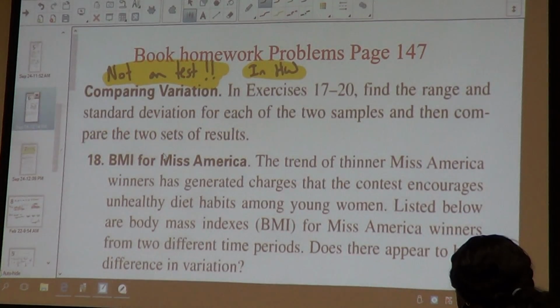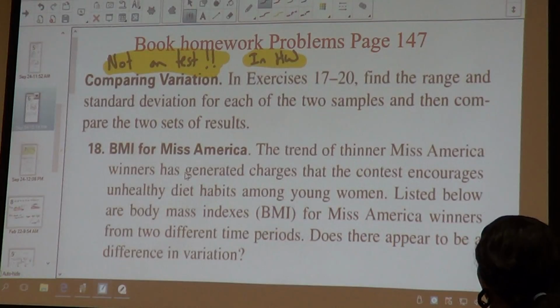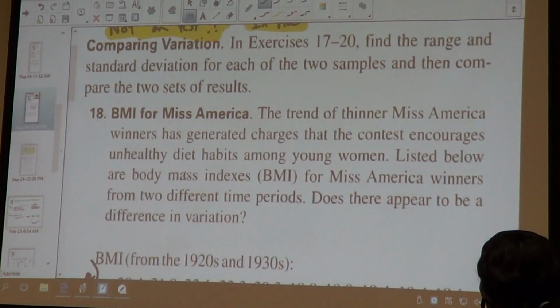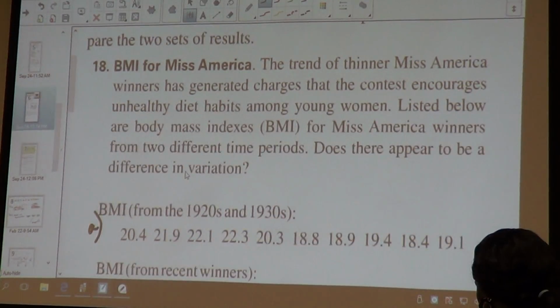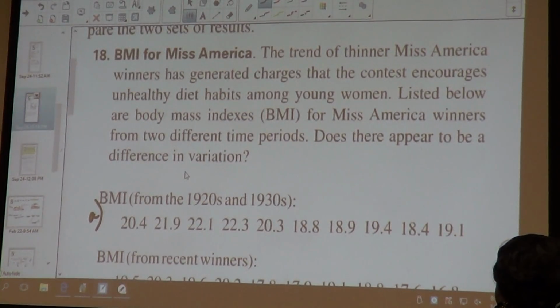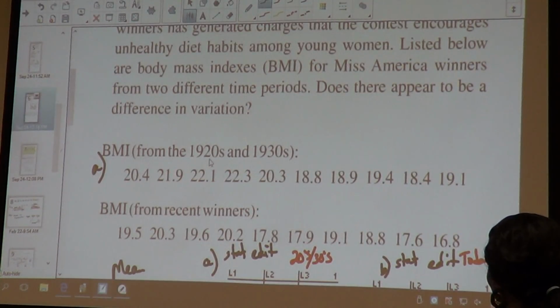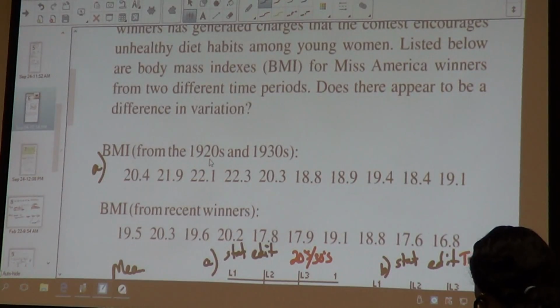All right, this one is not on the test, but it's in your homework. The only difference is they gave you 2 sets of data. They're comparing body mass index for Miss America pageants. So y'all, in the 1920s and 30s, if you look back at old videos, Miss America contestants were a little bit chunkier.